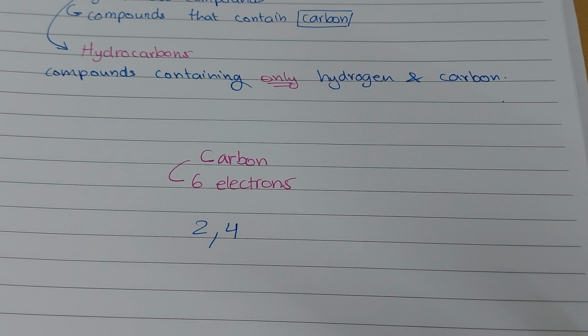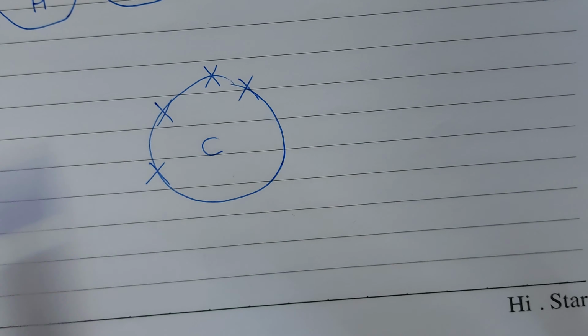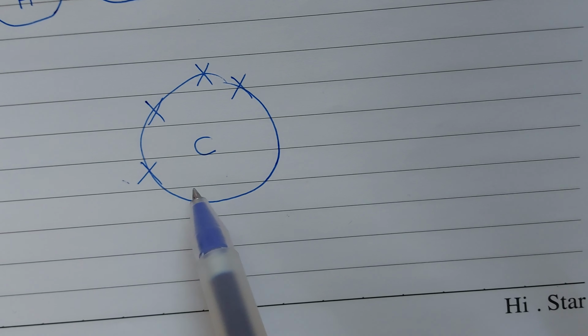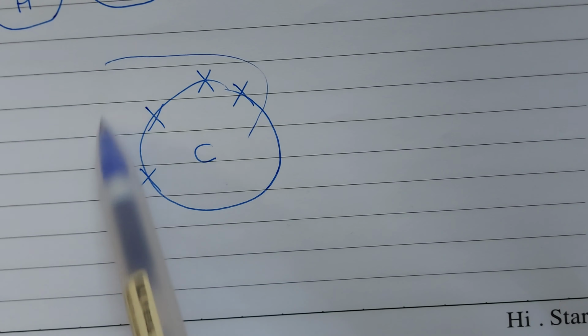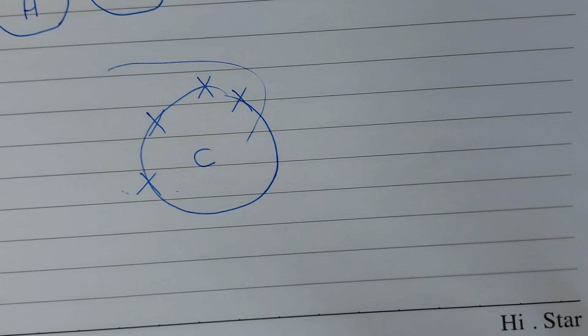And what that basically means is that the carbon will try to share its electrons with other nonmetals to complete its valence shell. So this is a carbon atom and its valence shell, and as you can see, there are 4 electrons here, and we need 4 more to complete the valence shell to make 8 electrons in that shell.